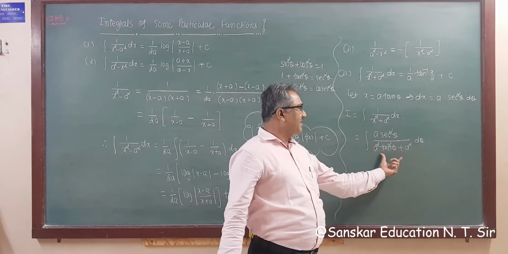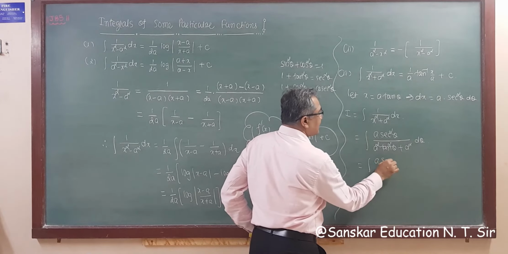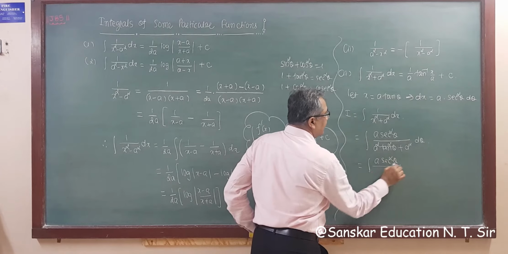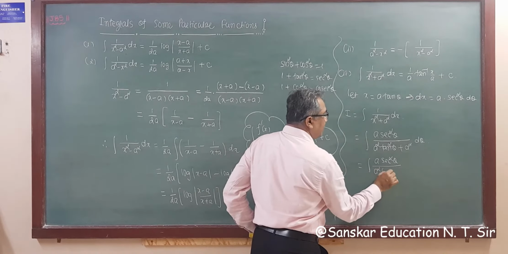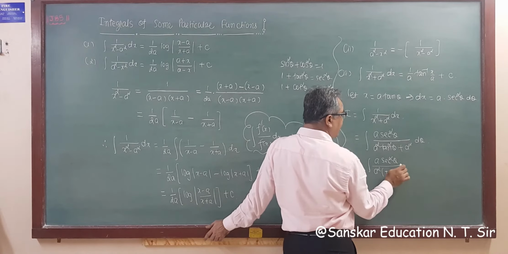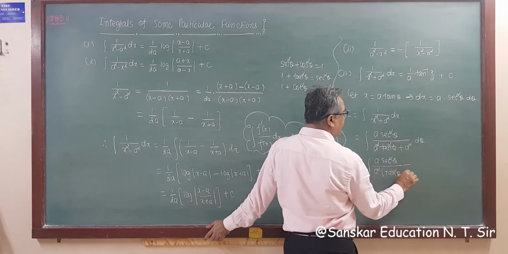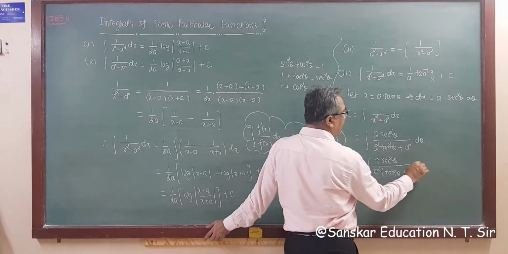Taking a square common, what we get? This is integration a sec square theta, and a square is common, that is tan square theta plus 1, and d theta.